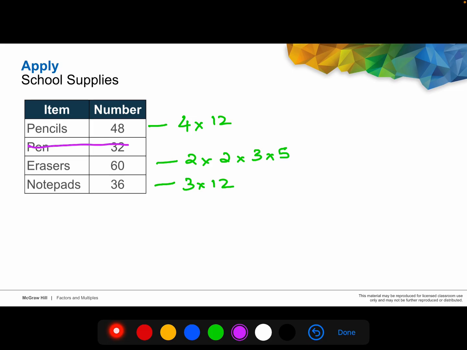Again, if you see, we still continue to have our common factor of 12. So the greatest common factor between these three is 12. So the number of combo packs that can be made is not going to change because of erasers in this case.